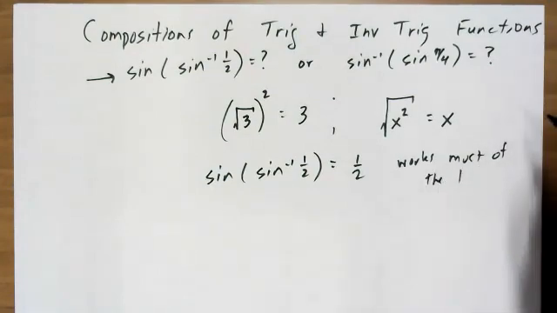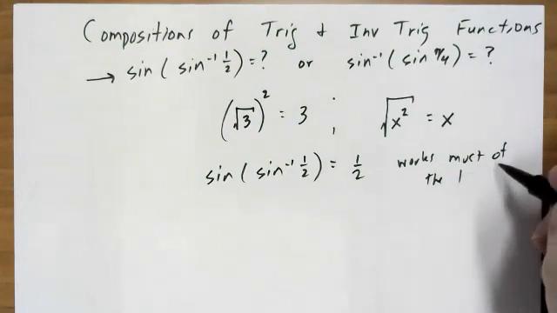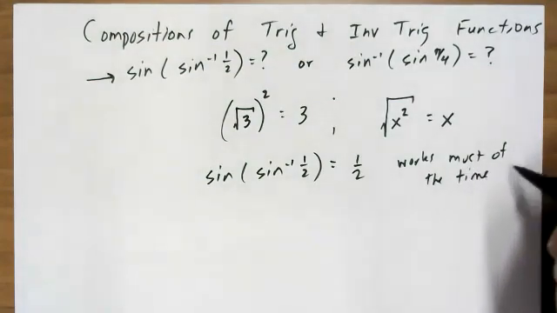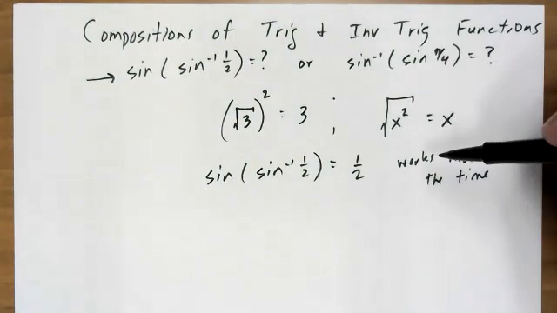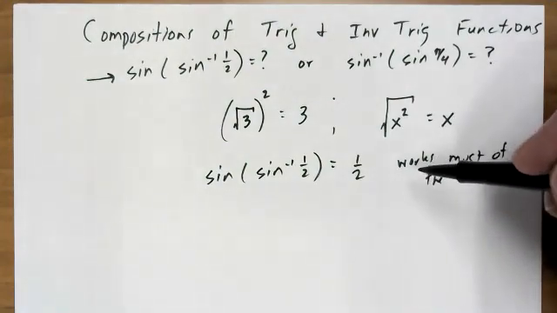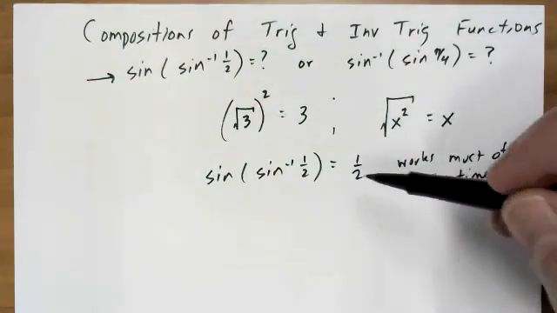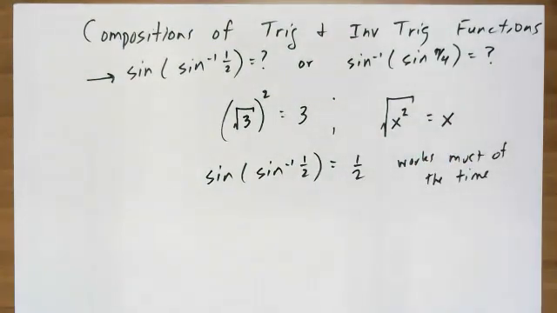I thought about saying it works sometimes, but I'm going to say it works most of the time. And in a minute, we're going to talk about the thing you have to check. You check this one thing, and that will determine whether this works or not.